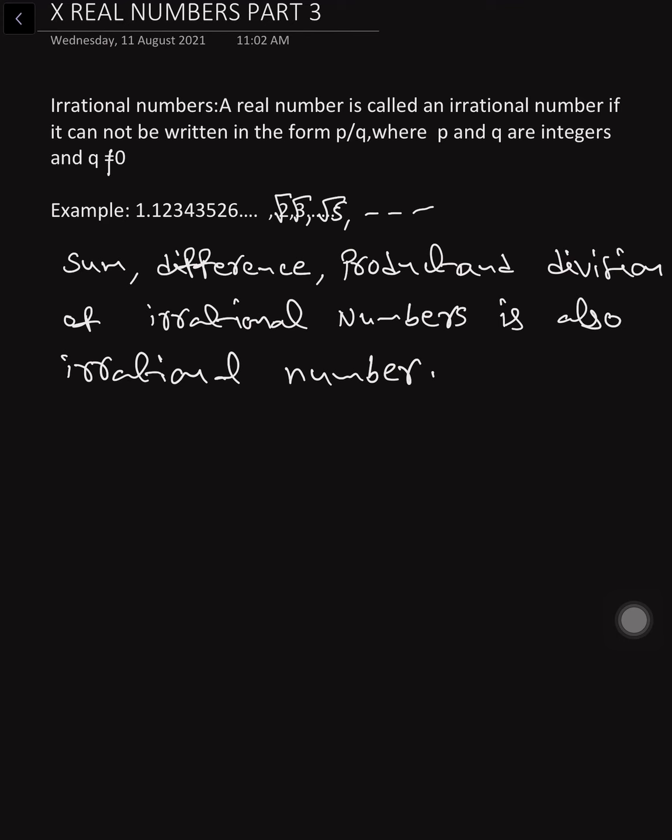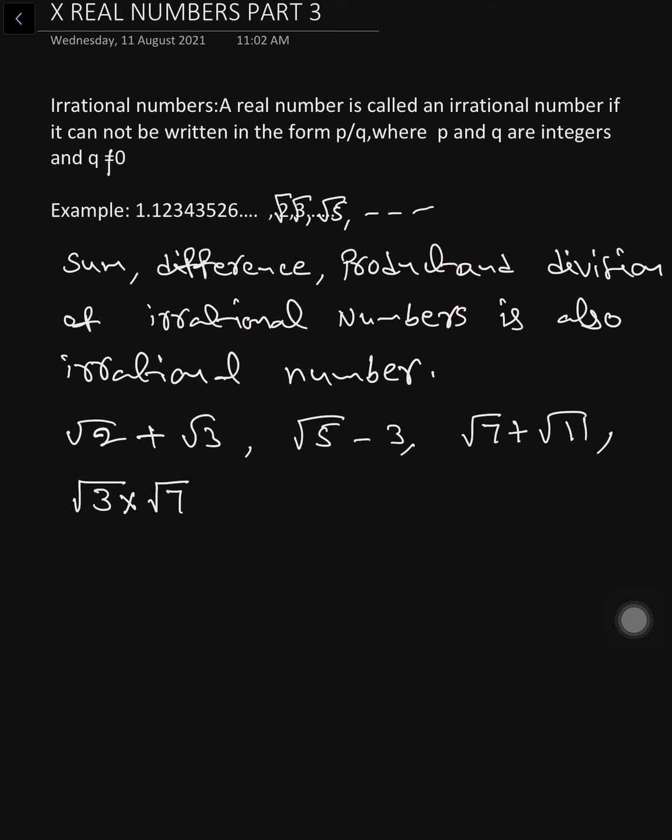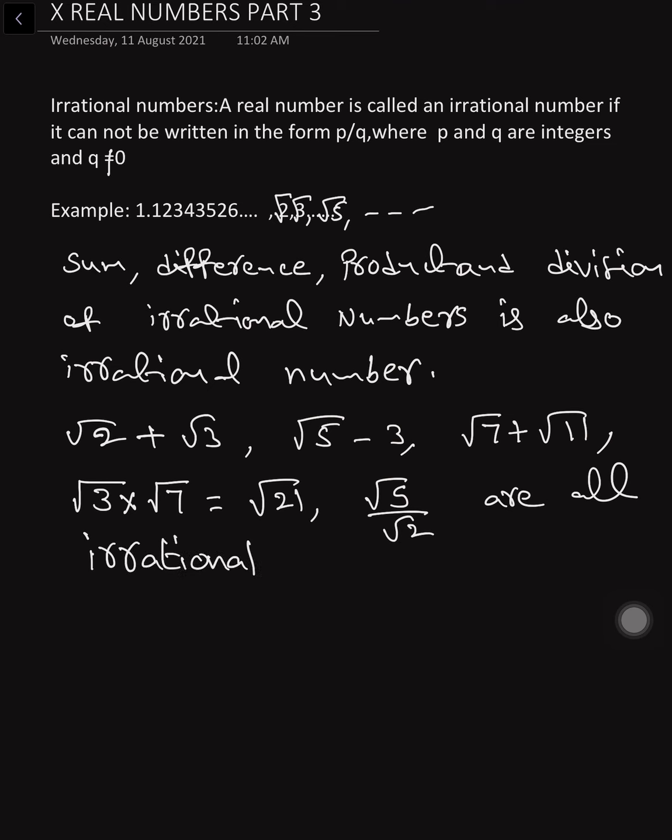This means root 2 plus root 3, root 5 minus 3, root 7 plus root 11, root 3 into root 7, that is equal to root 21, root 5 by root 2 are all irrational numbers.